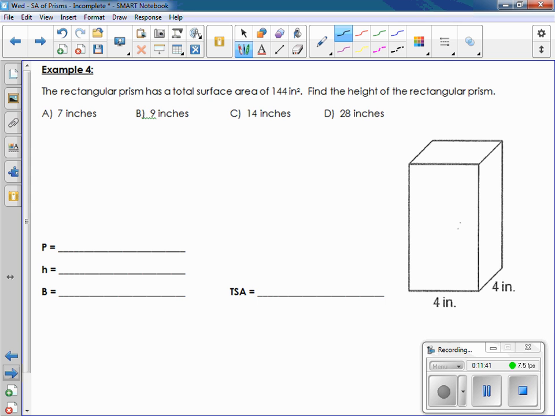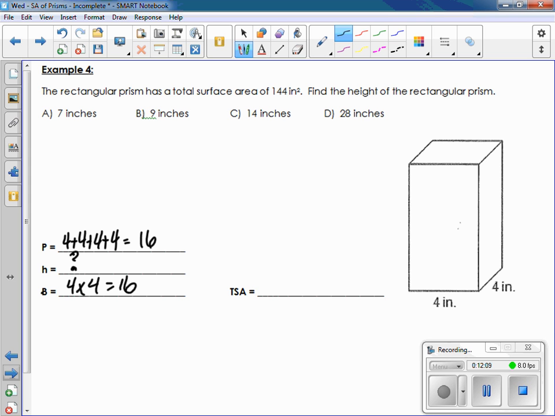This rectangular prism has a total surface area of 144 inches squared. We're going to find the height of the rectangular prism. So I don't know this, but I do know that the perimeter of the base is 4 plus 4 plus 4 plus 4, which is 16. Then the base, big B, is 4 times 4, which is also 16.